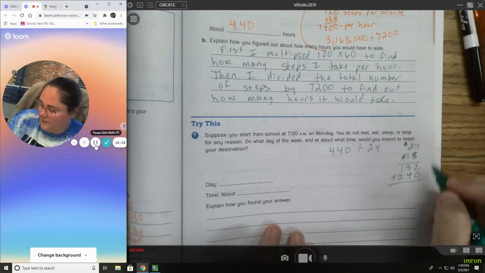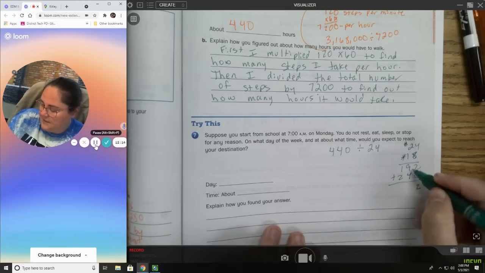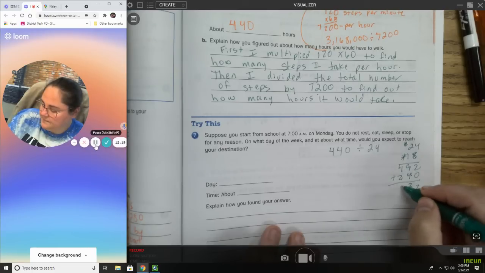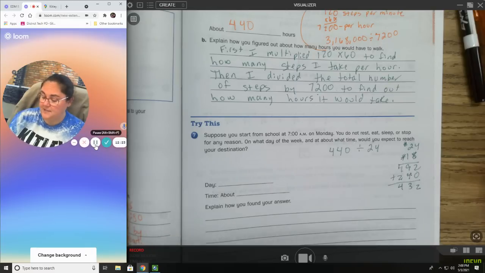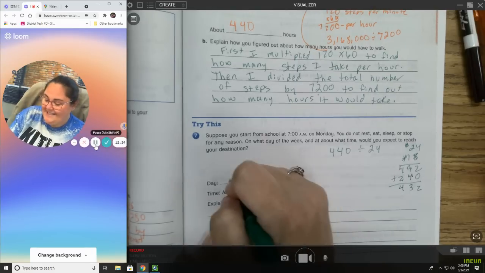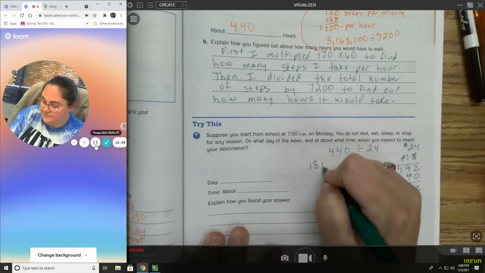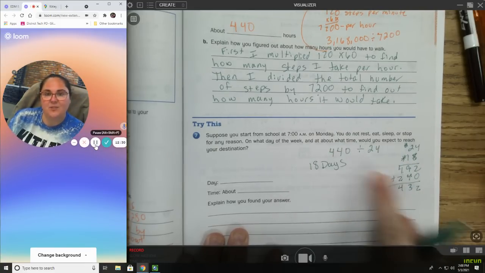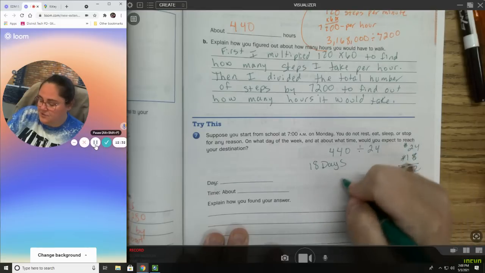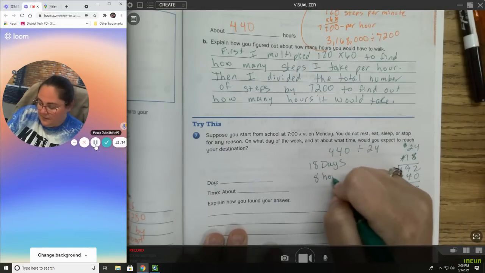Add that together. Here we go. That's 432. Perfect. So it would take 18 days. And then if I take 440 minus 432, it would take an extra 8 hours.